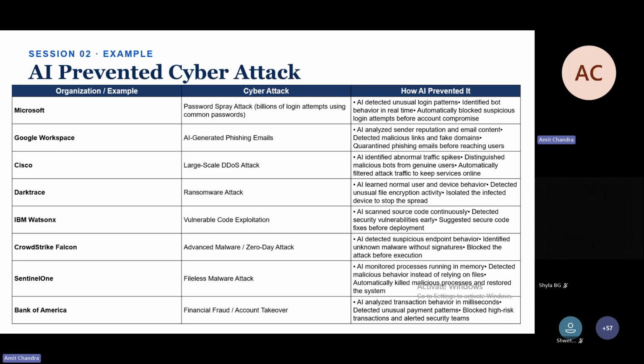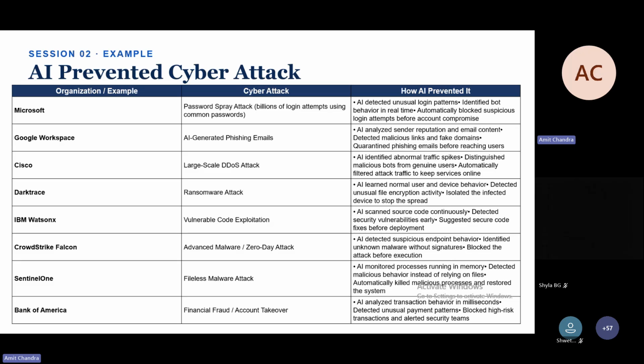It means a permutation and combination was done in order to get through the login. AI detected this unusual login pattern, identified the bot behavior in real time, and automatically blocked the suspicious login attempts before account compromise. This is the action the AI has taken to prevent the cyber attack.